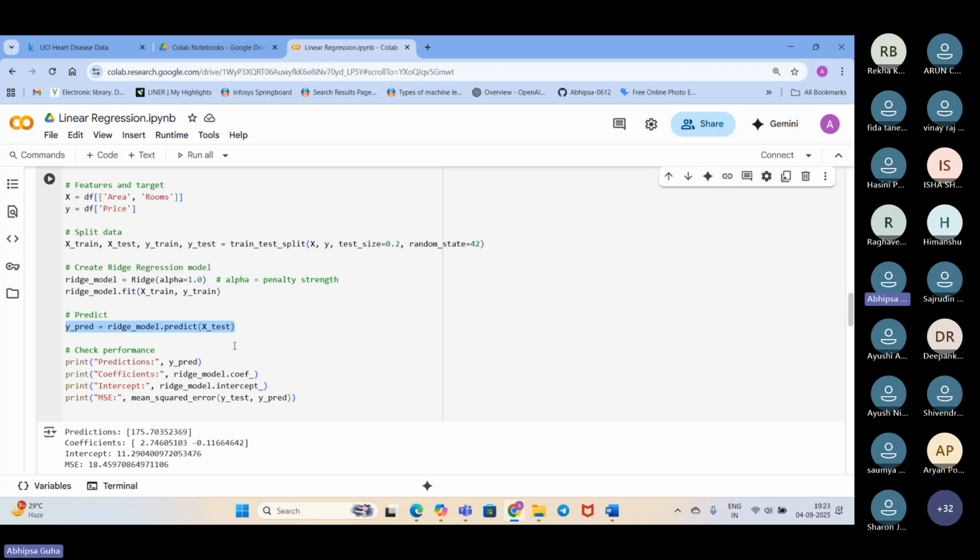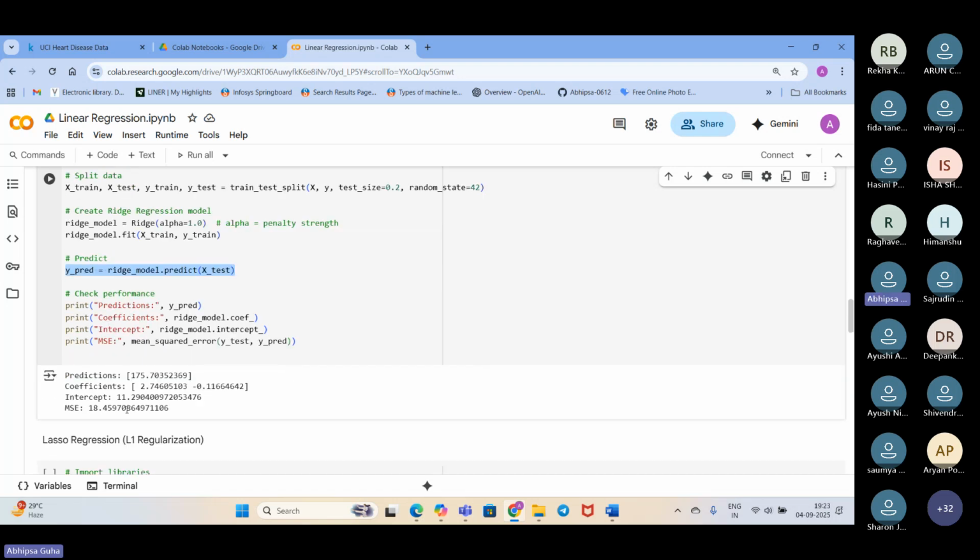Now we need to do the evaluation. We are checking the prediction, the coefficients, the intercept value, and the MSE, that is mean squared error. After running the code, we get the prediction of 175.